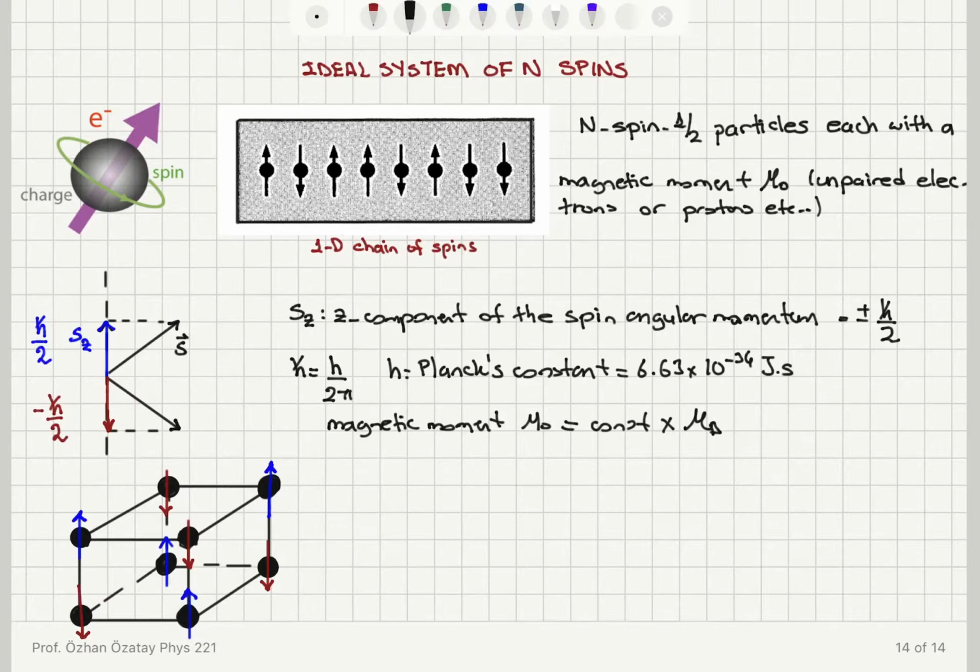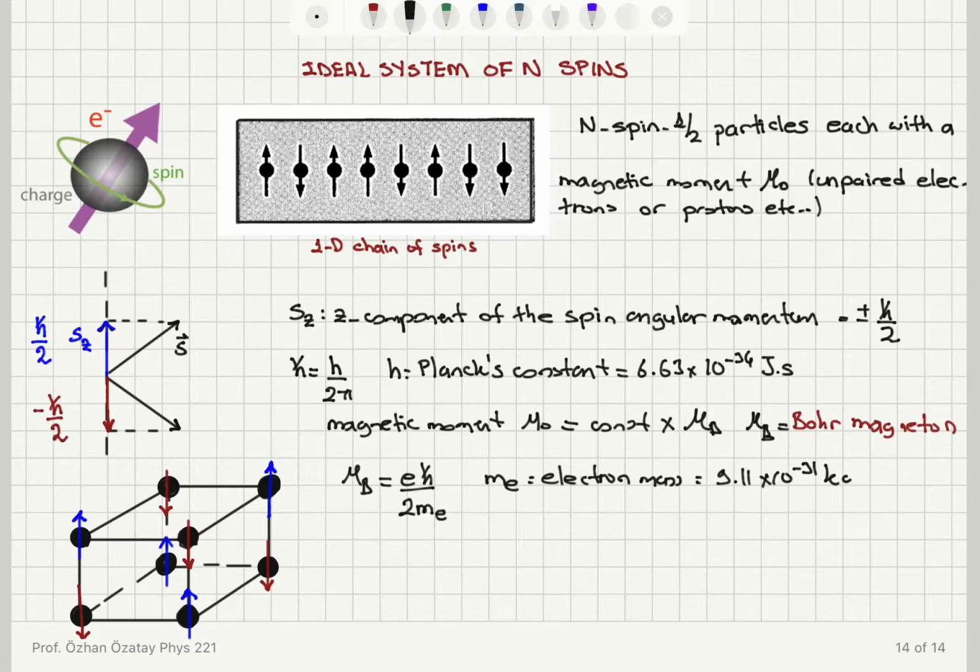And what is a Bohr magneton? Mu B, a Bohr magneton is given as e h bar over twice the mass of the electron, electron mass, the rest mass is 9.11 times 10 to the minus 31 kilograms. So this is my Bohr magneton.